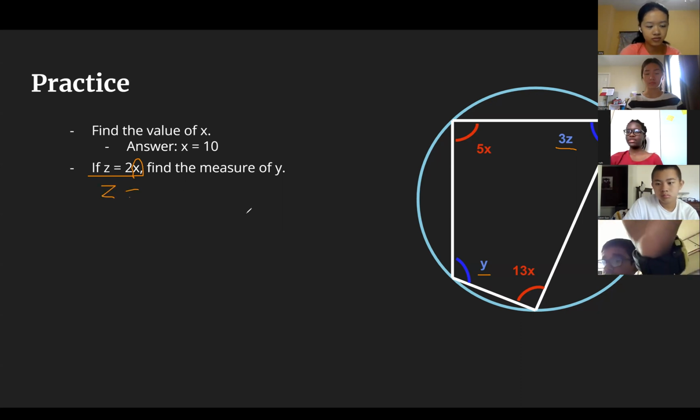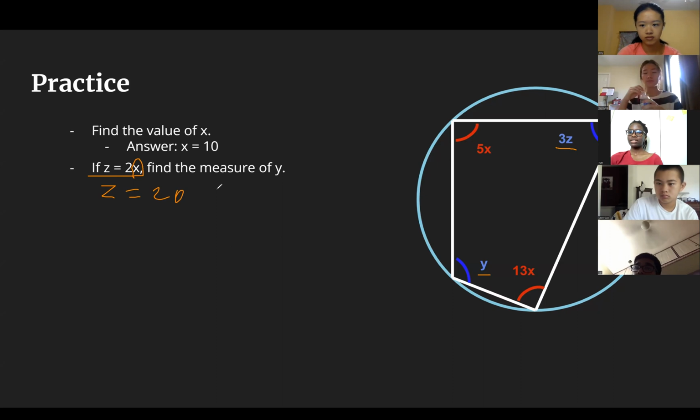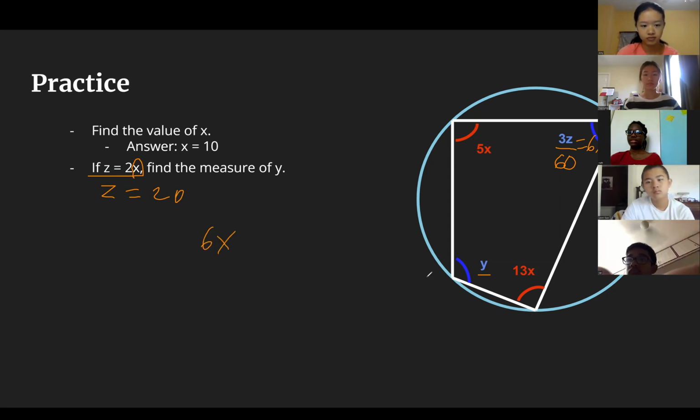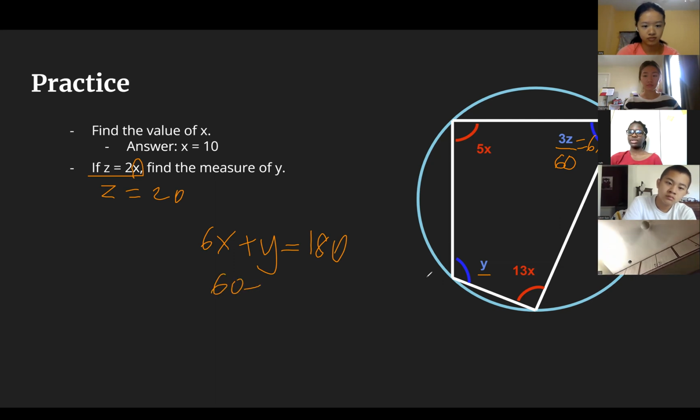So basically, if z equals 2x, then that whole angle will be 6x. And then you would do 6x plus y is equal to 180. And since we already know what x is from the last answer, it would be 60 plus y equals 180. And you subtract 60 on both sides and get 120.